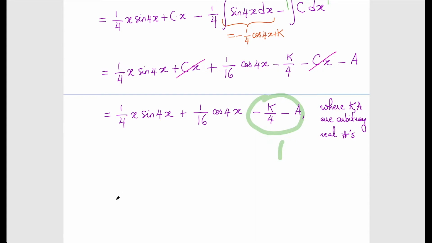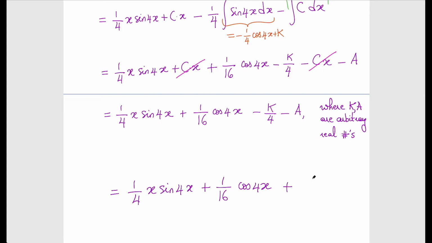So what I can say then is, this becomes equal to 1 over 4 x sine 4x plus 1 over 16 cosine of 4x plus a constant t, where t is an arbitrary real number. This means t is an element of R, right?